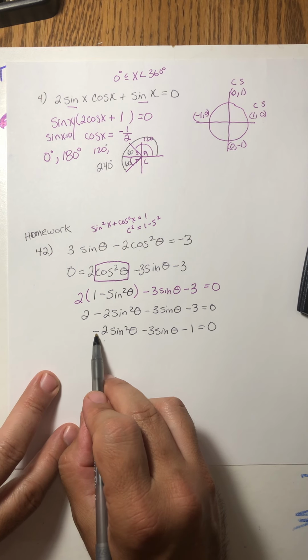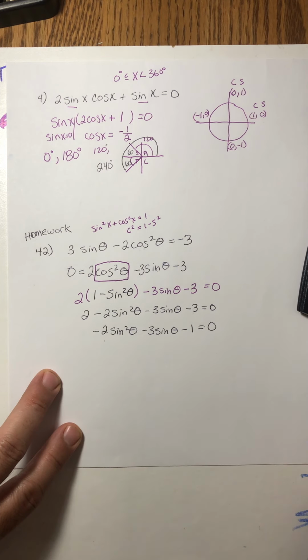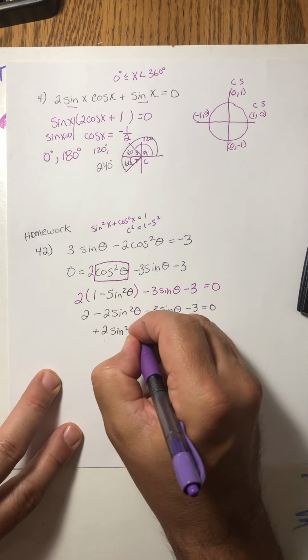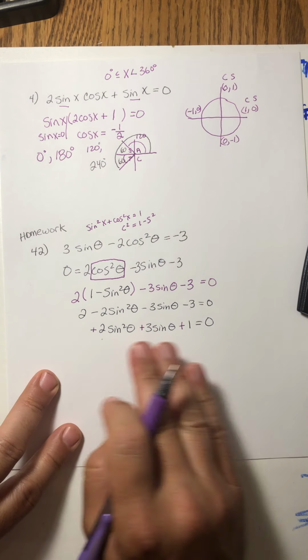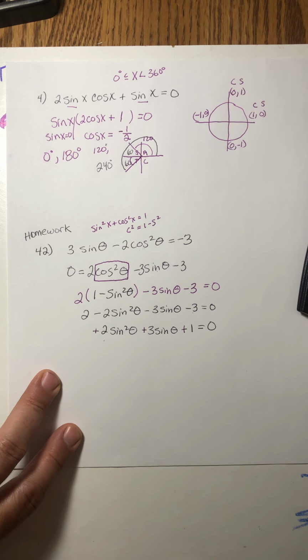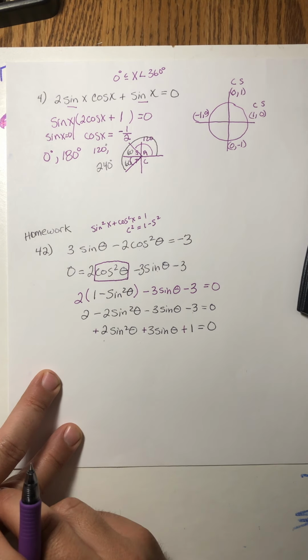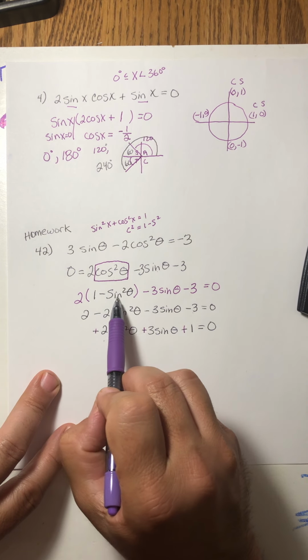And I'm not going to factor with a negative, so I'm going to divide everything by a -1. If I divide everything by a -1, that's right, all of my signs change. Okay? What I did to the left, I did to the right. 0 divided by a -1 doesn't change anything. I'm ready to factor now. So with this one identity, we were able to clean it up to this.